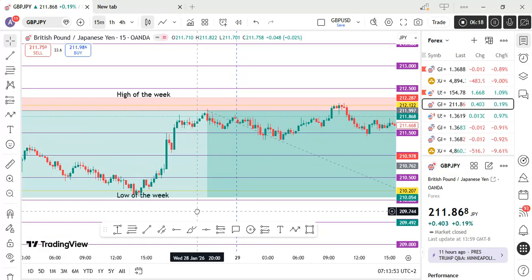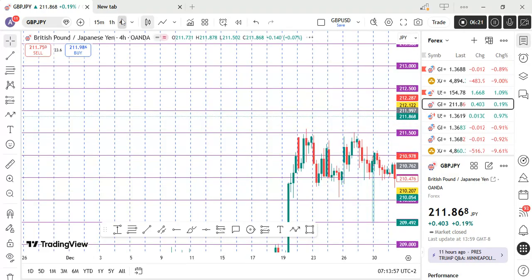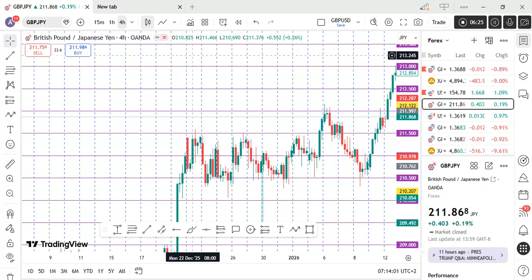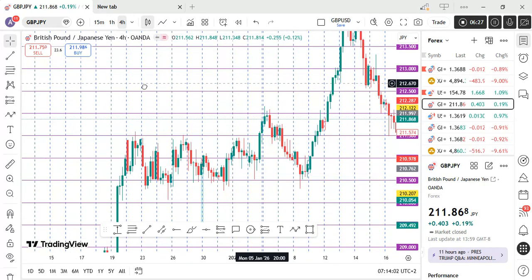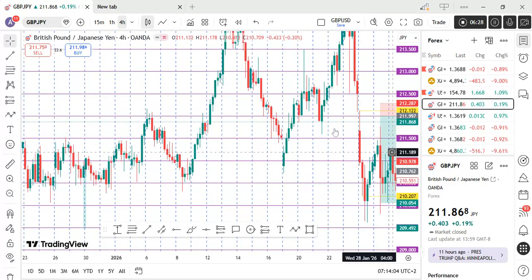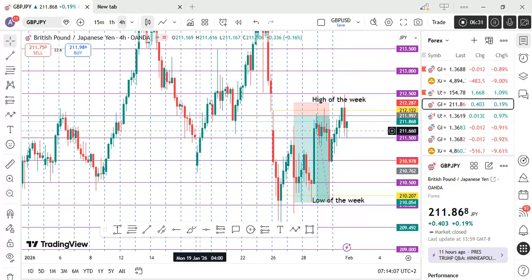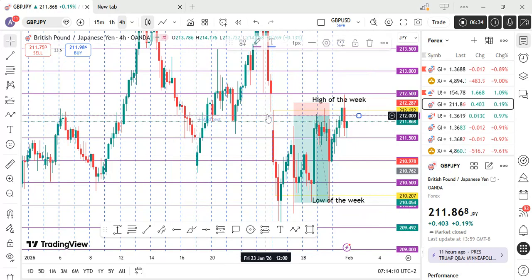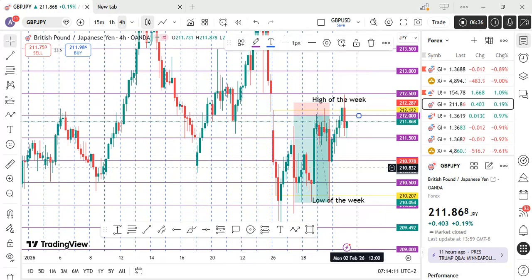If you remember, from the first time I saw this sell opportunity on GBPJPY, I said I was going to position for a sell once I see price retest this psychological level here at 212.000.